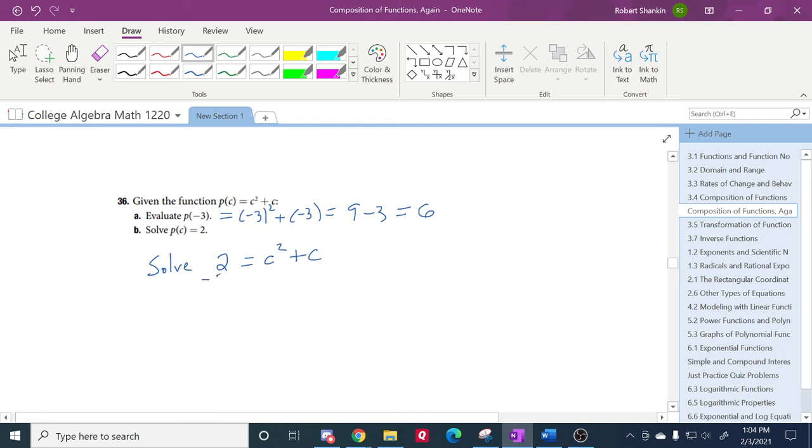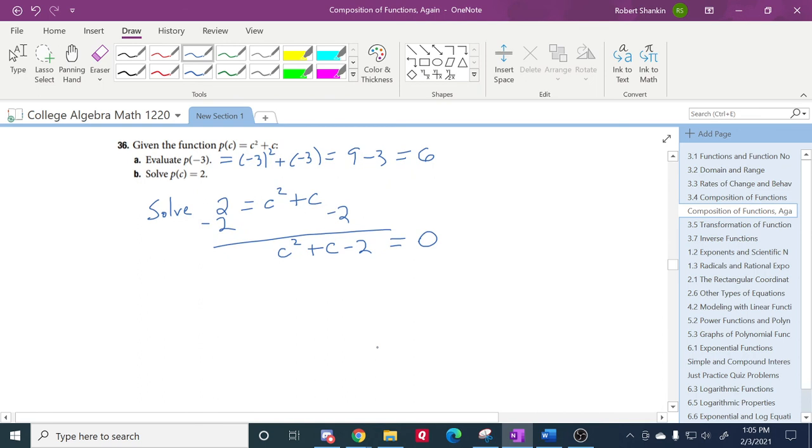Now I'm going to subtract 2 from both sides. I can put equals 0 on this side, or I can put it equals 0 over here. It doesn't matter. Alright, this is a special kind of equation. If it didn't have the c squared, and the highest power on the c was 1, we'd call it a linear equation.